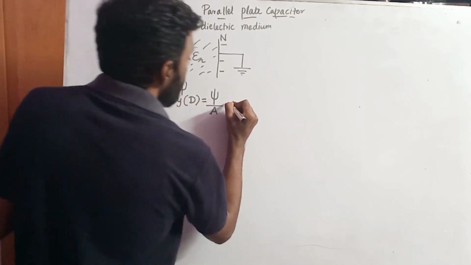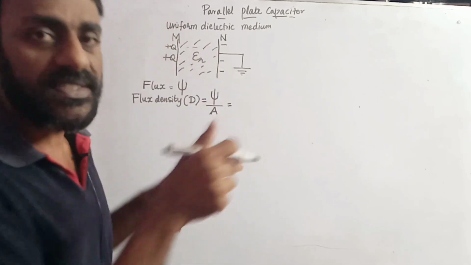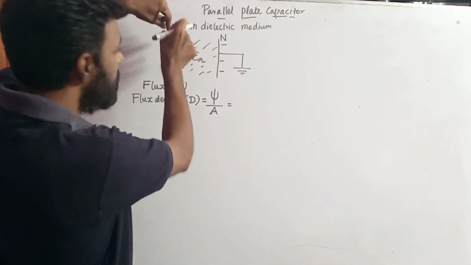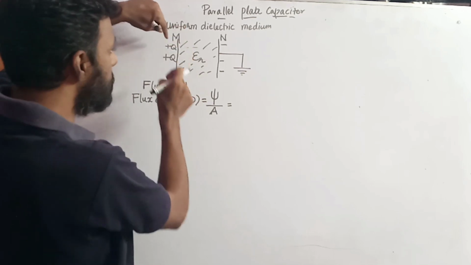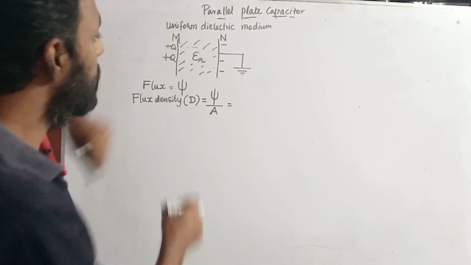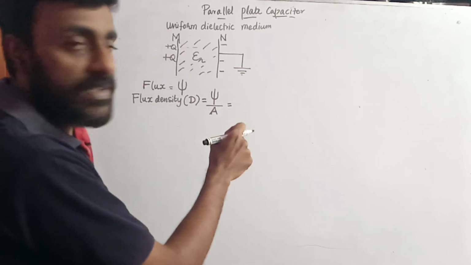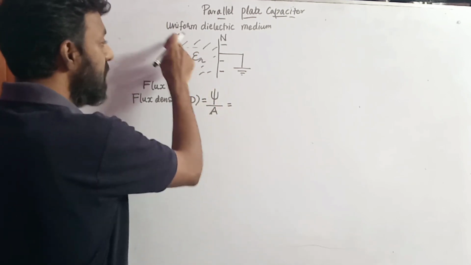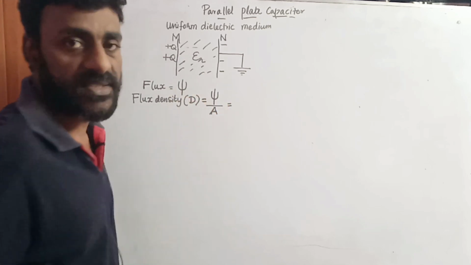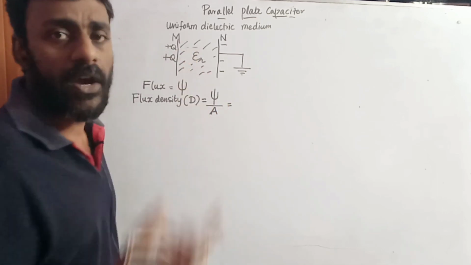This flux is caused by the potential. It is caused by the charge plus Q. This plus Q is responsible for producing this flux. Without the charge, the flux wouldn't have developed.